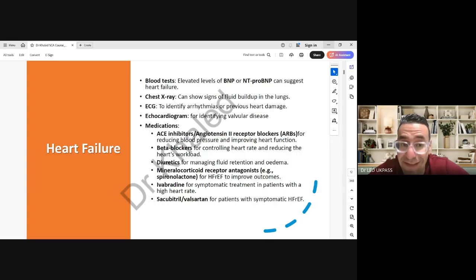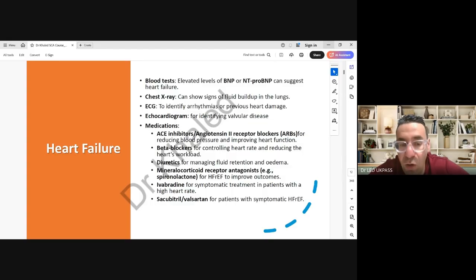But if the patient is diabetic with uncontrolled diabetes, it's also a very, very good thing, if a patient is having heart failure, to start empagliflozin or dapagliflozin, because that can help protect the heart as well as help with diabetes. Actually, that's the first line if a patient is diabetic and having any cardiovascular issues.